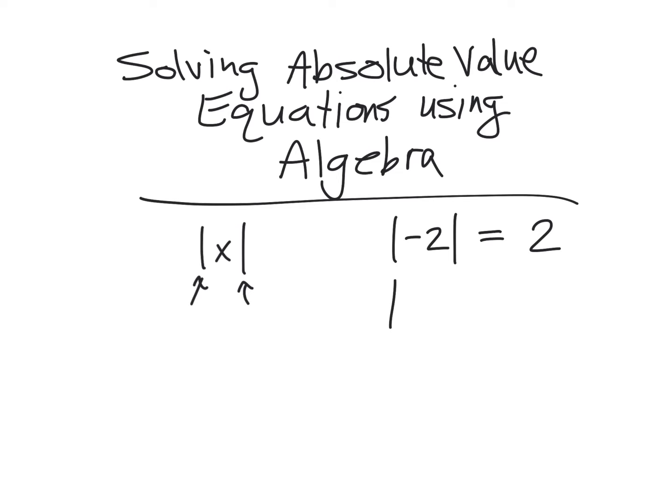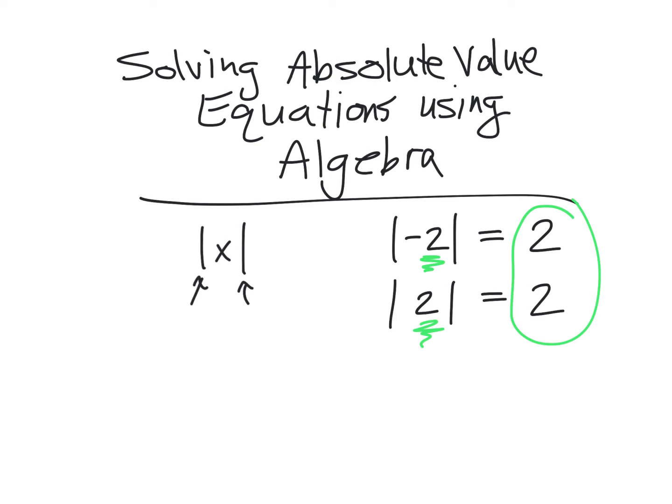But also if I do absolute value of 2, I still get 2. So what that means is there are two values for which I can take the absolute value and get the same thing. Now, that's important because as we start to graph these, we're going to understand how absolute value works graphically.